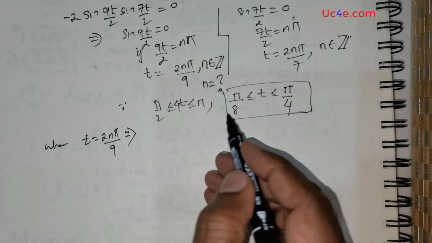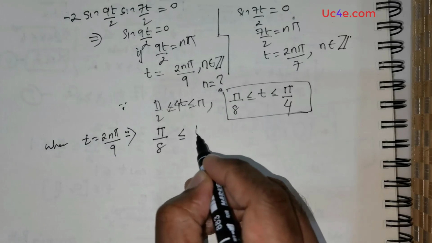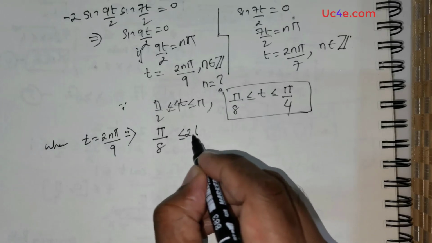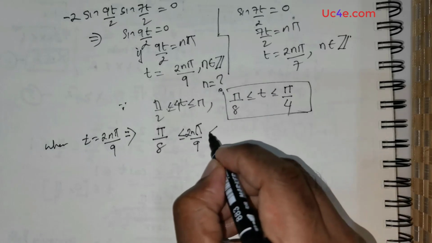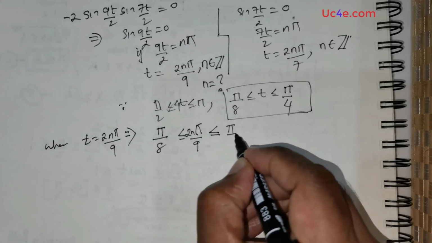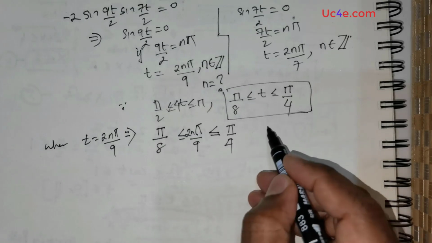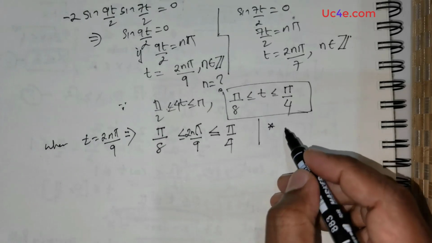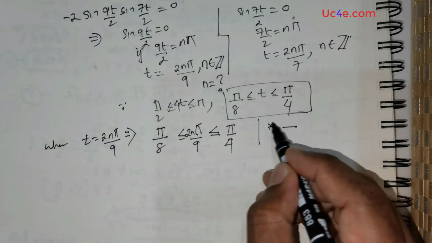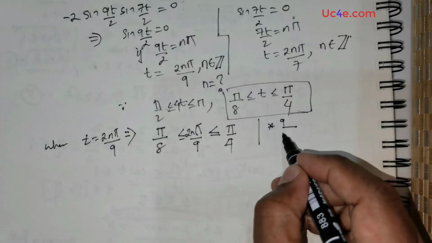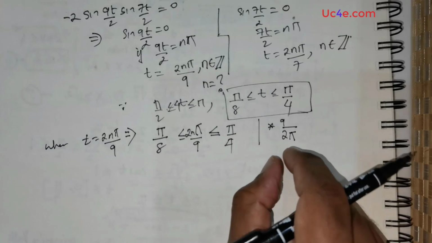So this would mean the interval is going to be pi over 8 less than or equal to 2 times n times pi divided by 9 less than or equal to pi over 4. Now I would like to multiply every quantity in this interval by 9 over 2 pi.